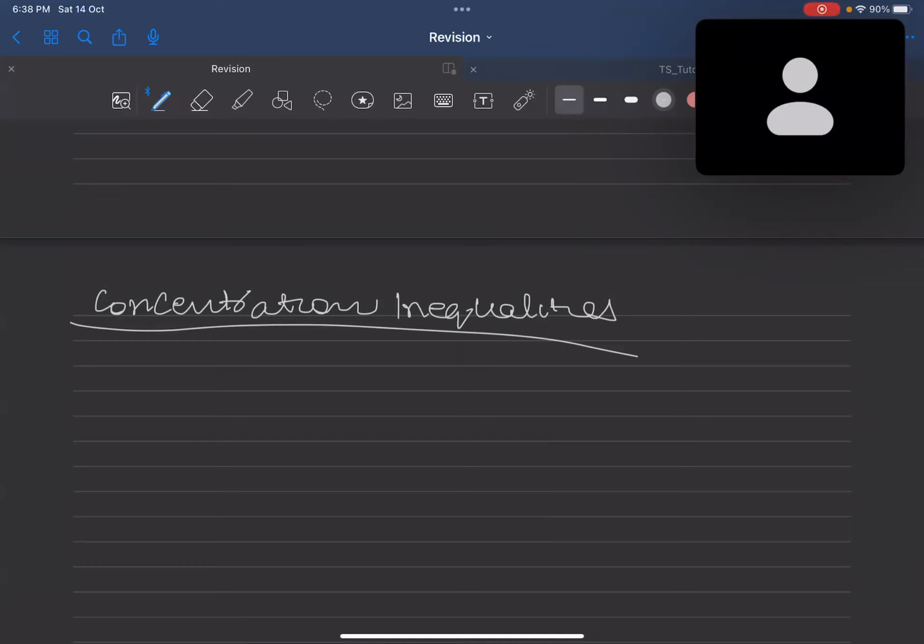Basically, concentration inequality means that I have some number of samples through which I'm estimating the expectation, and I also have the true expectation. So how quickly or how slowly is my estimation approaching the true expectation? If I give the example, it's used many times, that is why I'm revising. Simply I'll write the formula.